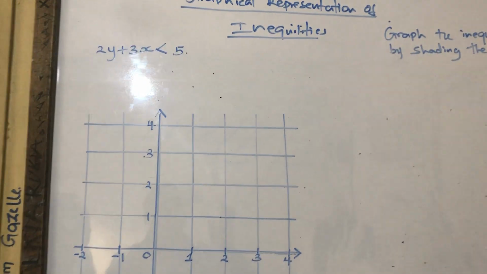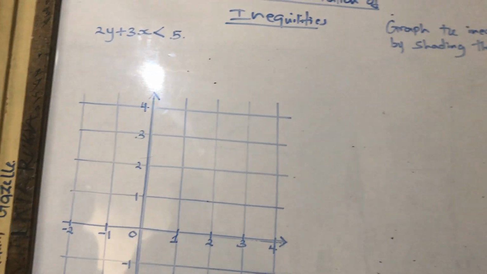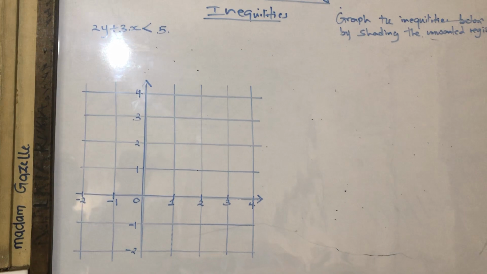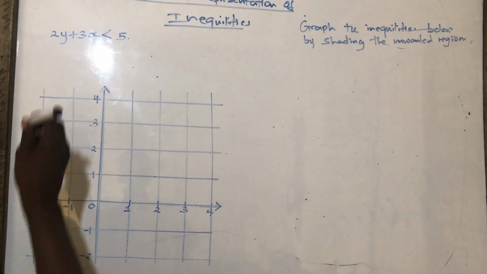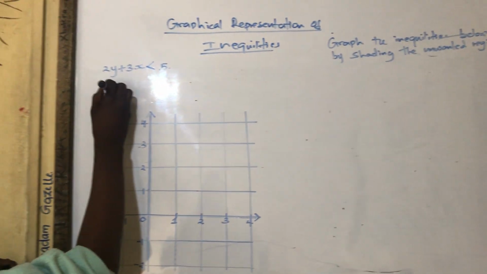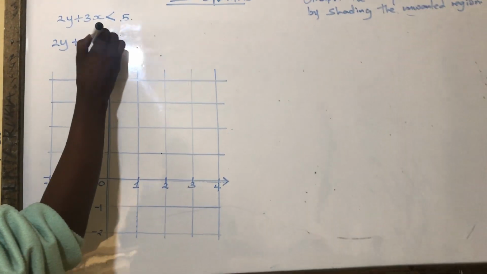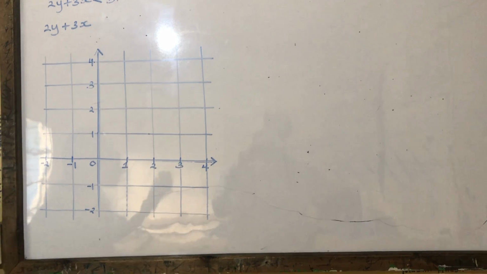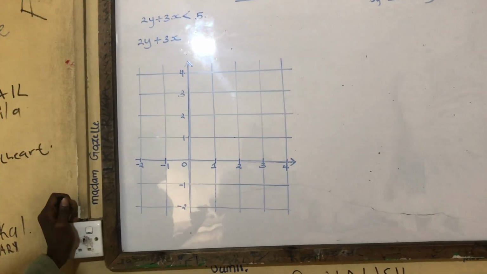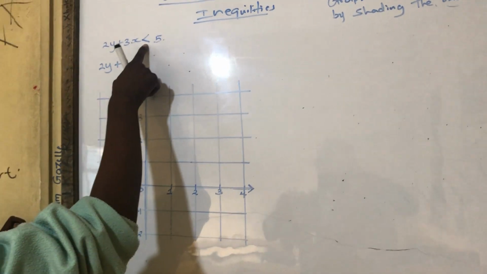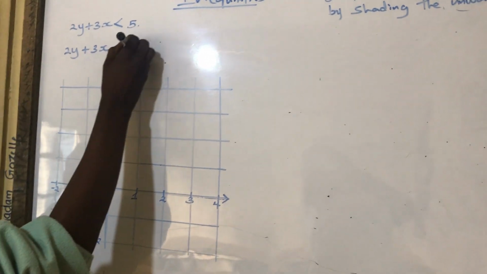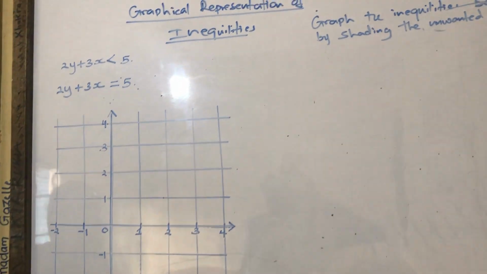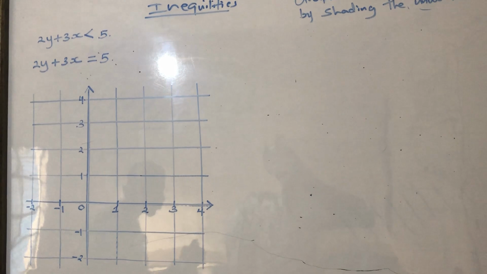Like I said, the key thing here is, let's start by obtaining the line. When addressing the line, the inequality symbol should be changed to an equal sign, temporarily.